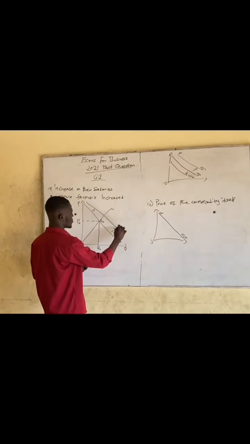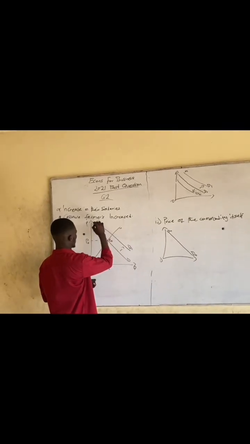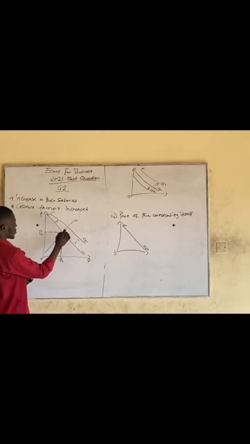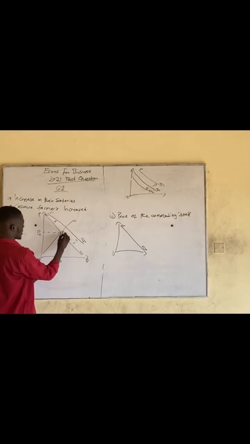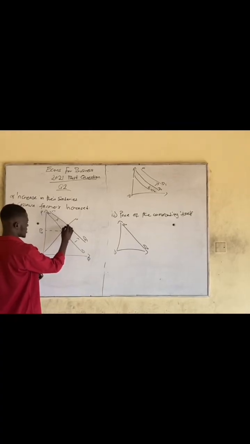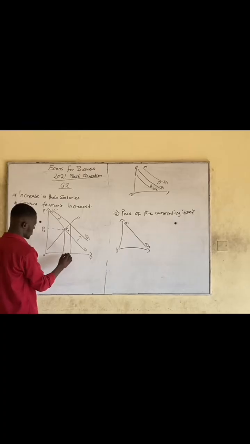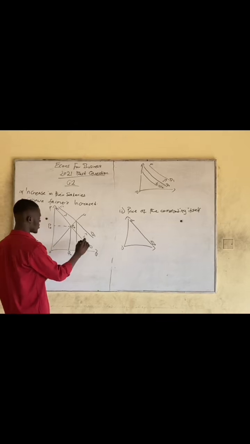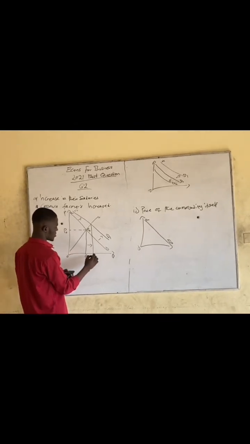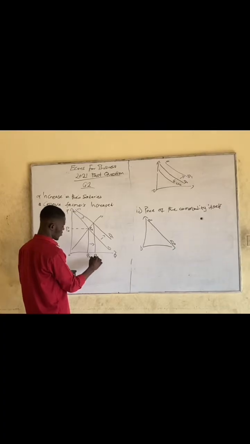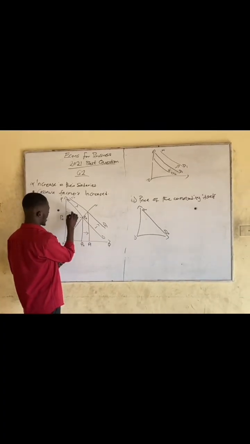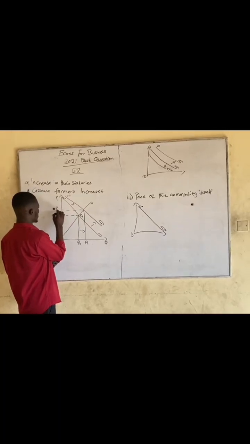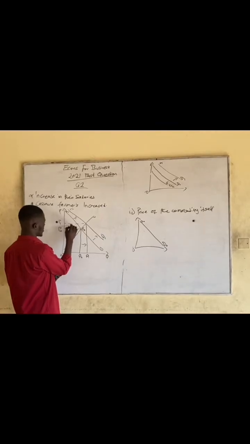Okay, so this will be D1, D0. Here, you can see that we have a new equilibrium point, which is here. So it means that the quantity demanded also increased to Q1, and then our price also increased from P0 to P1 like this.